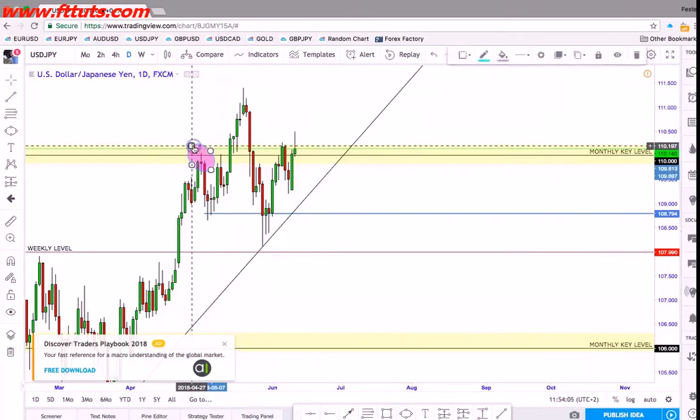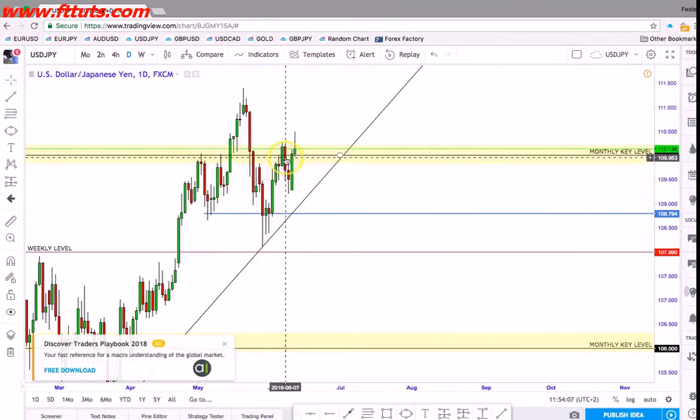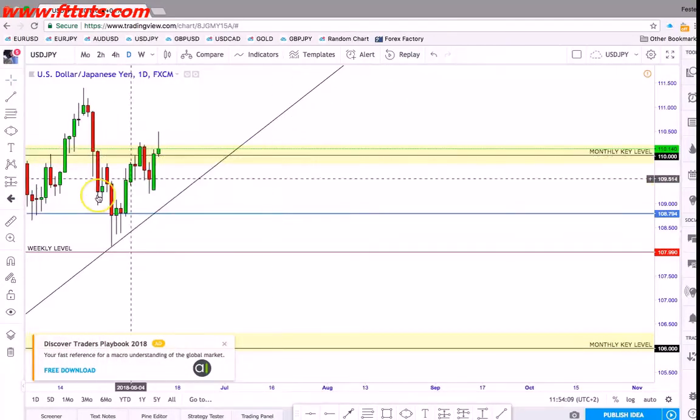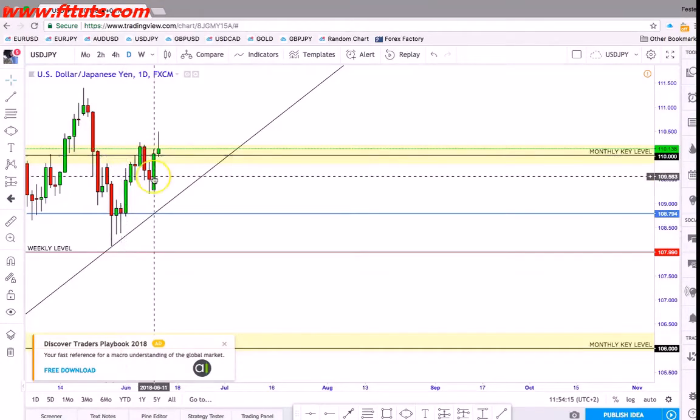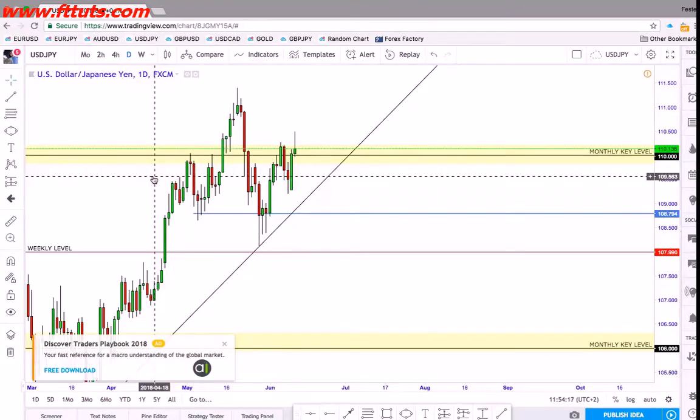So I was expecting downside momentum. But because yesterday's candle closure, if you look very closely, it closed above that monthly key level. That's why these monthly key levels, guys, are so important, because if this key level was not marked up on your chart, you would not even know that the daily key level just was broken by yesterday's daily closure.